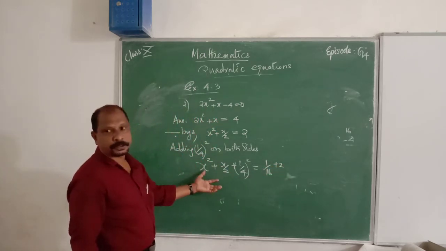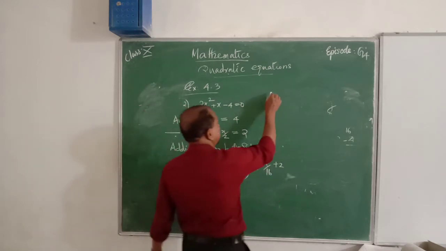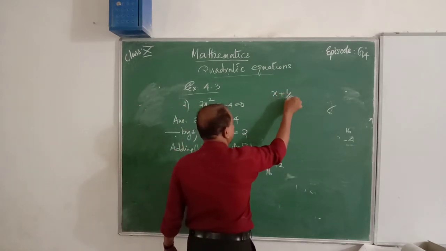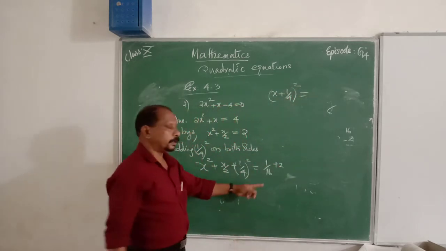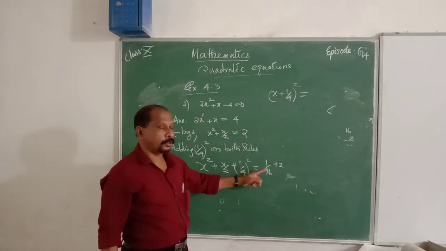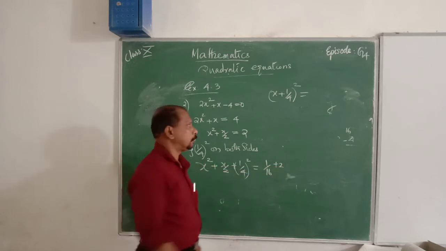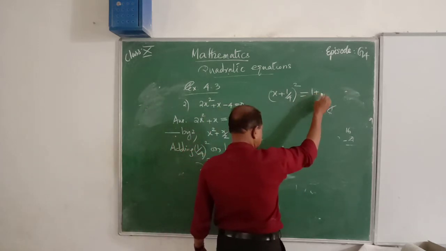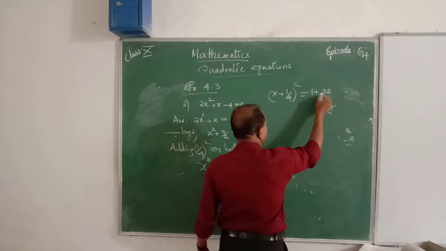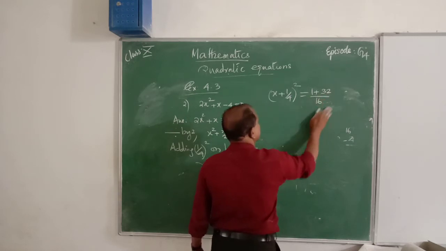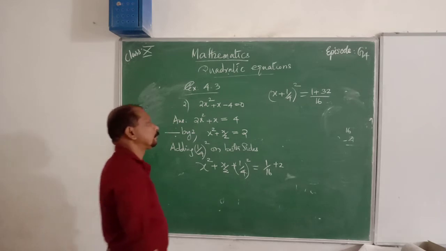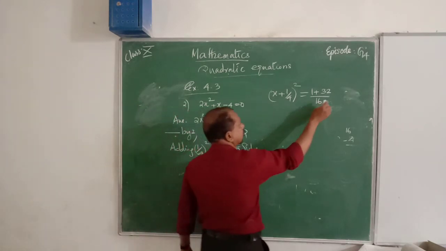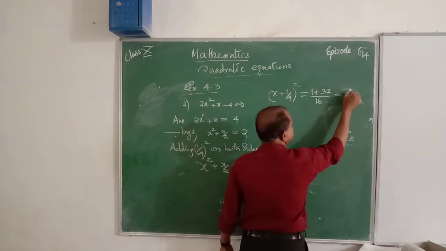This is a perfect square. That is (x plus 1 by 4) the whole square is equal to, take 16 as LCM, 2 into 16 is 32, so (1 plus 32) divided by 16, that is equal to 33 by 16.